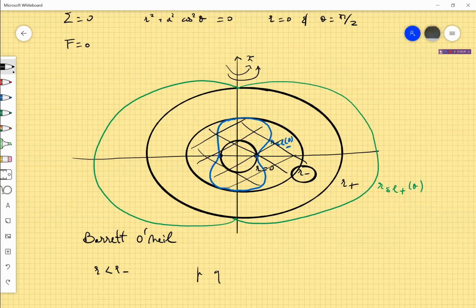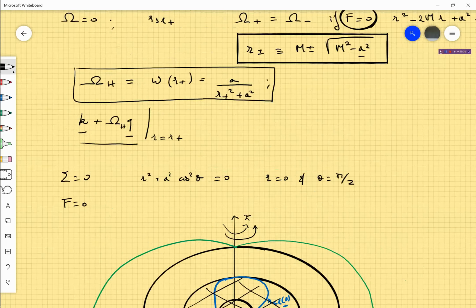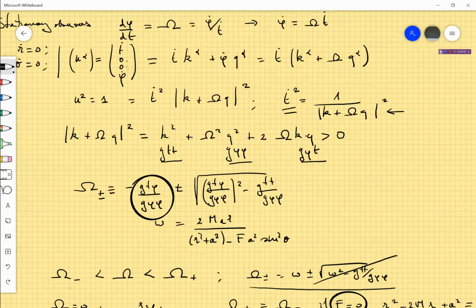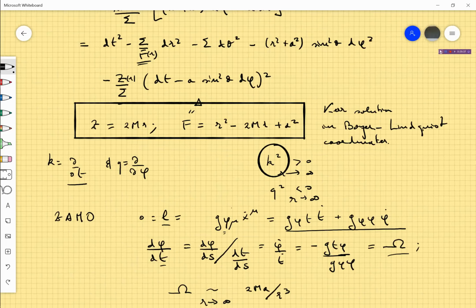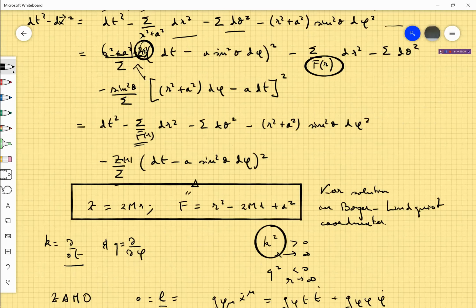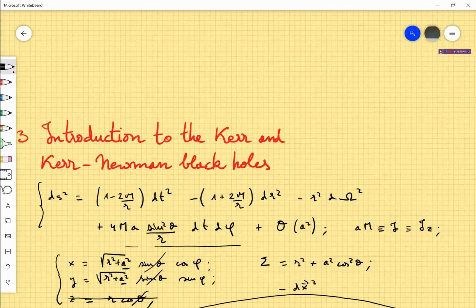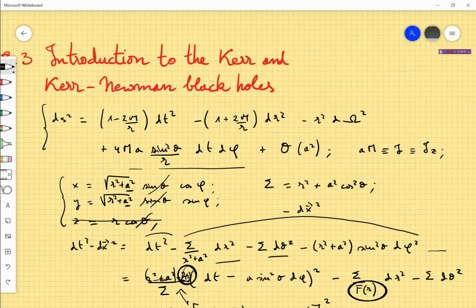Probably, apart from these general properties, unless you want to study it more carefully, the most important thing would be the asymptotic expansion, because, well, this is not really a property of the Kerr black hole, but a property of any star. If you want to incorporate the effect of the rotation of the sun to all the solar system experiments, you just want to take this into account. It's a weak field.